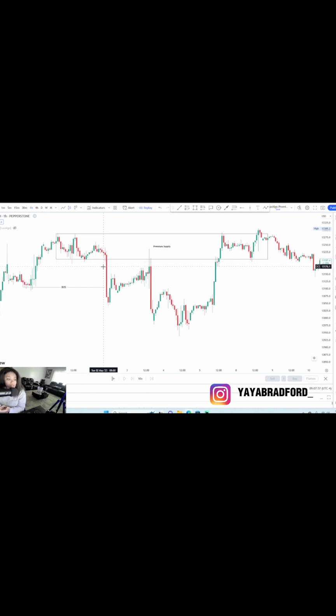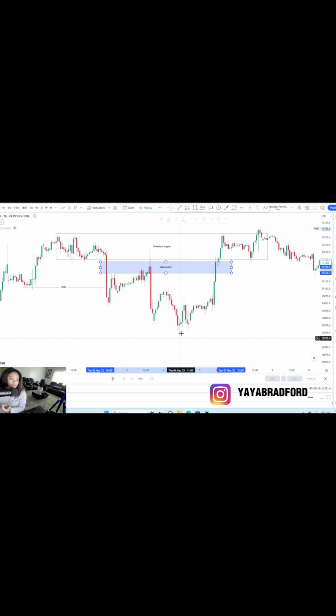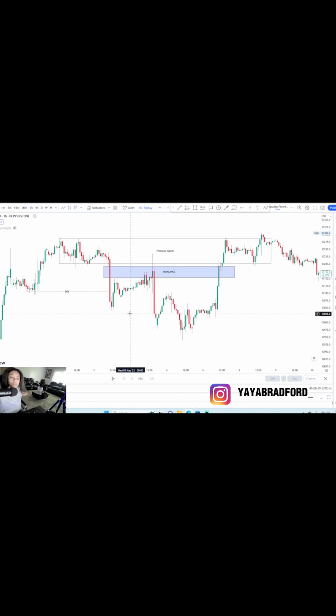You see, there's nothing to the left and nothing to the right. So that's literally considered a gap for us. So we marked that up as an imbalance, and my imbalance used to be blue. All right, boom. So this was the imbalance.